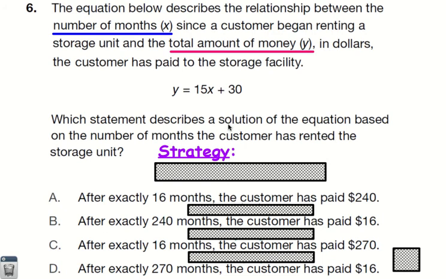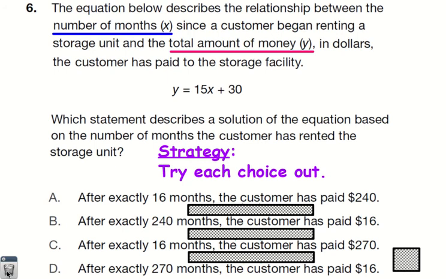Solution, okay? Remember, a solution to an equation like this is going to be a pair of numbers. One number that plugs in for X, one number that plugs in for Y, and together they make this equation true. And I think this is one of those types of problems where the strategy is you pretty much have no choice but to just try each choice out.